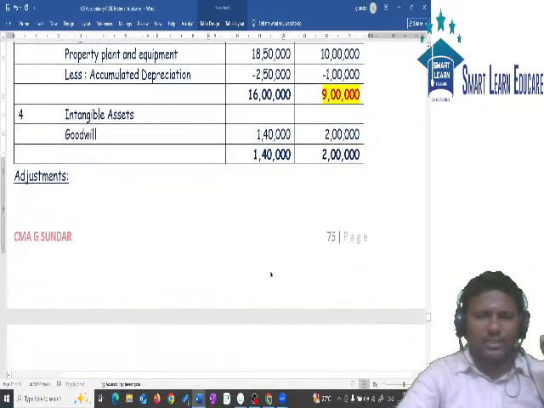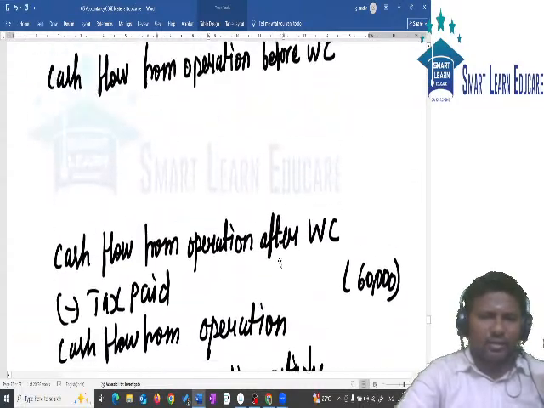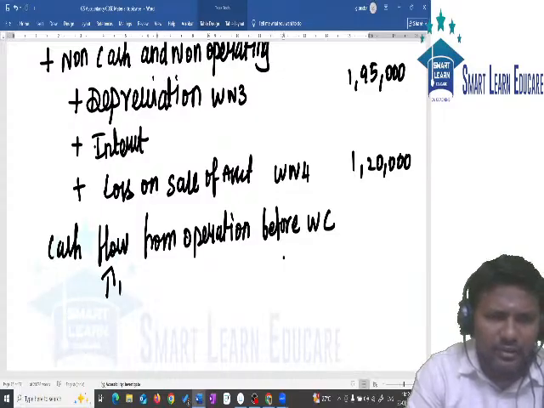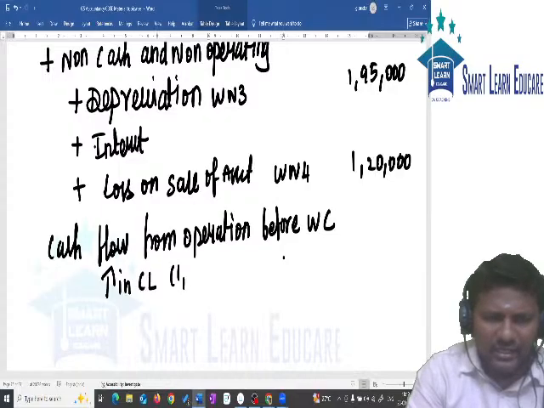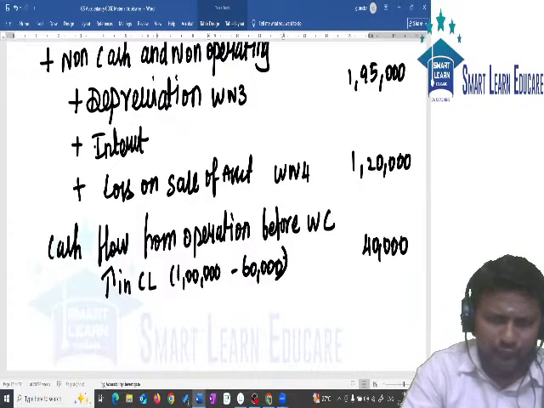So how much is the inflow? 40,000. In working capital changes, increase in current liability: 1 lakh minus 60,000 will give you the inflow, which is 40,000.